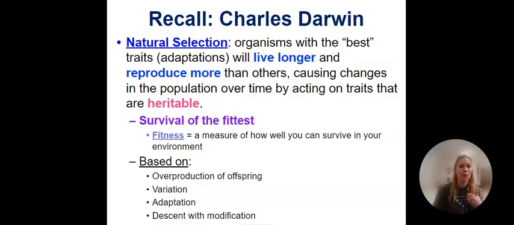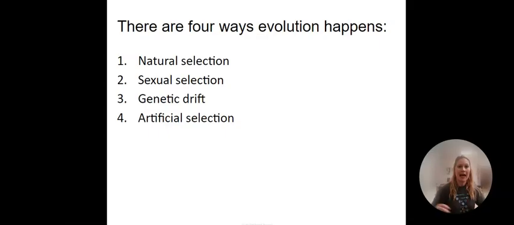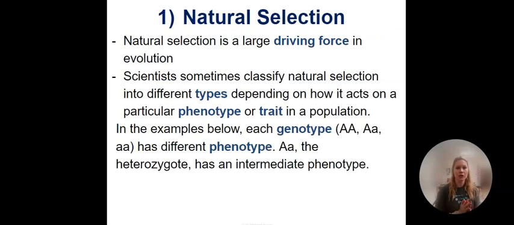Okay? So we're going to start by taking a look at natural selection and 3 other mechanisms that are the driving forces for evolution. All right, so we're going to start with natural selection, which again is a very large driving force for evolution.